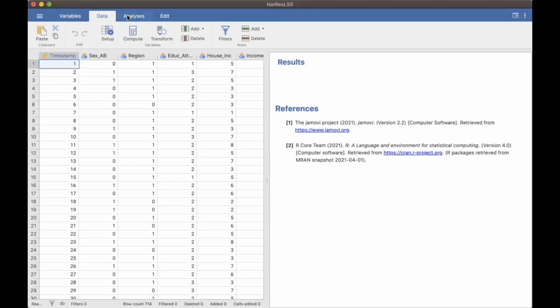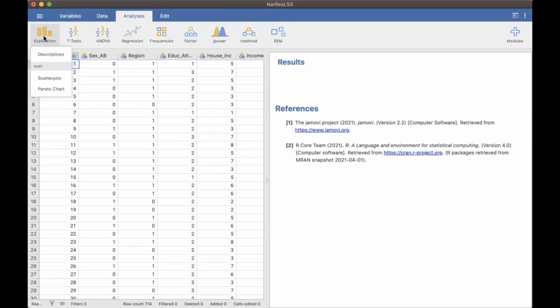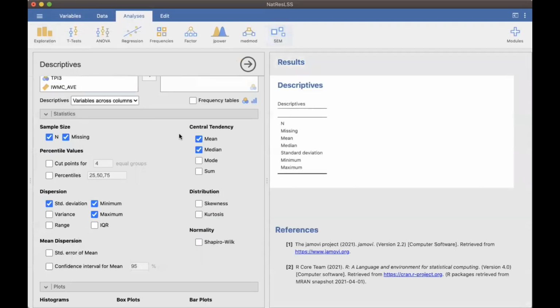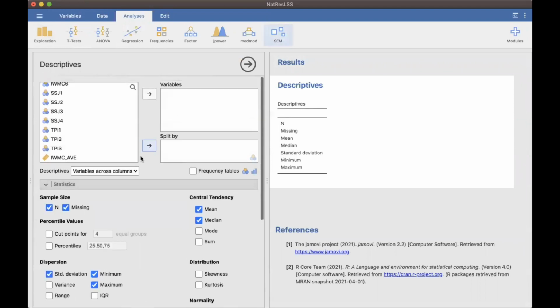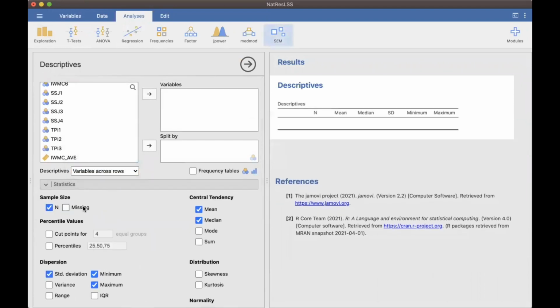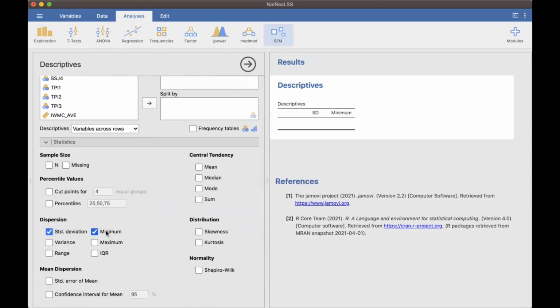So let's try now to run it. Go to analysis, and it's under descriptives. I would do the usuals, make these rows, and remove the things that we don't need yet.